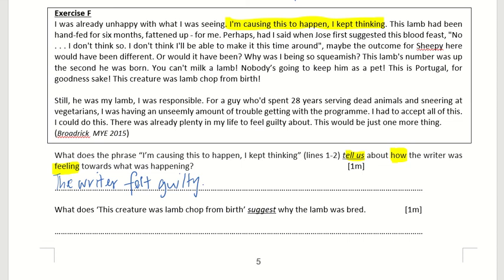Or you can say that he felt responsible for what was happening.